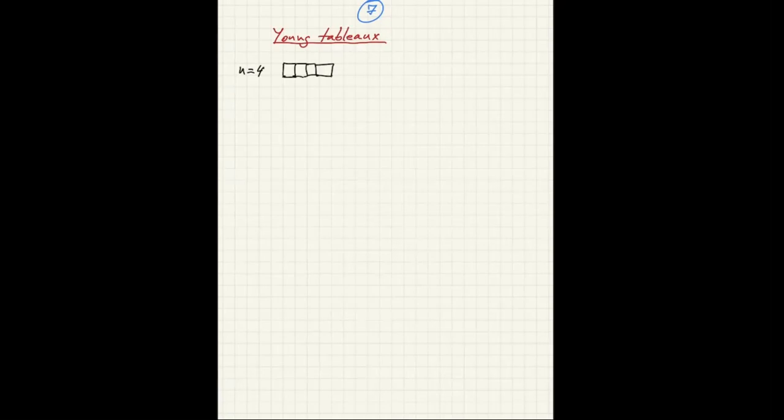So here, if you have just one row, there's only one way. It's 1, 2, 3, 4. But let's say I give you something like this. Well, you can do 1, 3, 4, and you can do a 2 here. If I give you something like this, you can do a 1, 2, 3, and a 4 here.